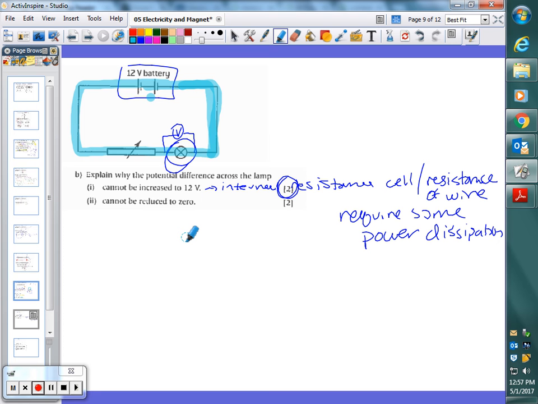Well, through the short circuit part, the current is super high. But what's the current in other parts? Zero. Potential difference is zero if there is no current. Okay? Can this circuit, as it's constructed, ever have zero current? It can't.